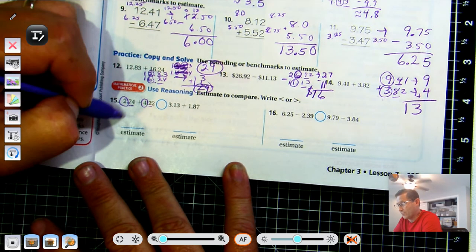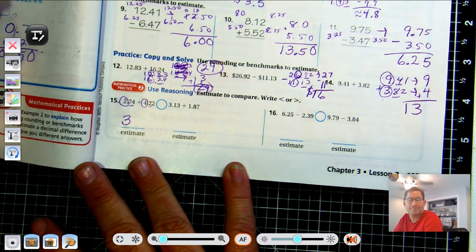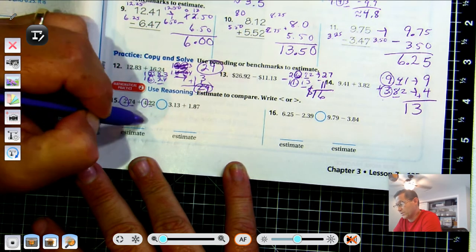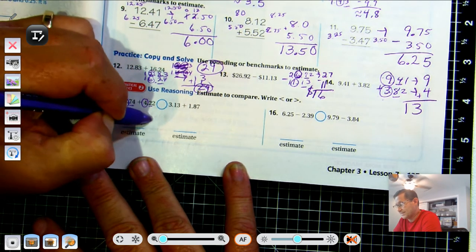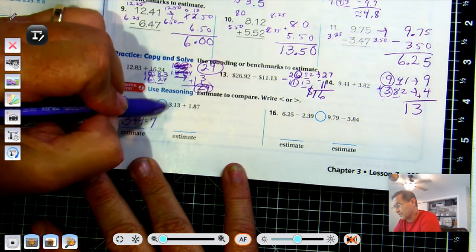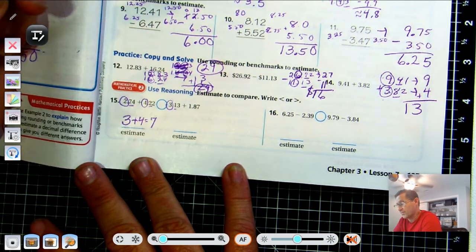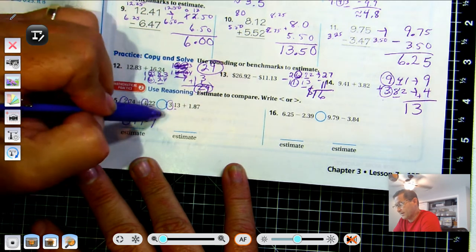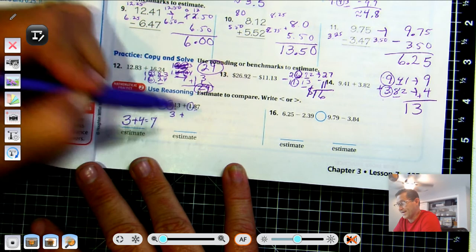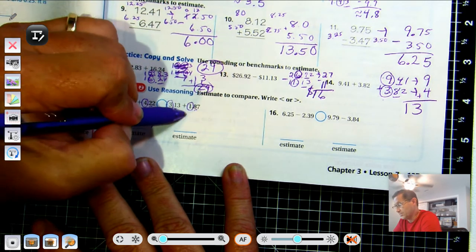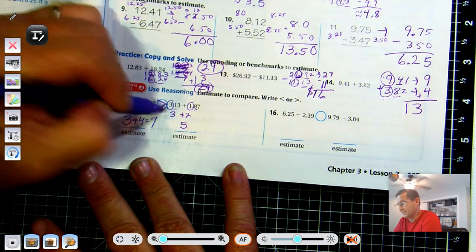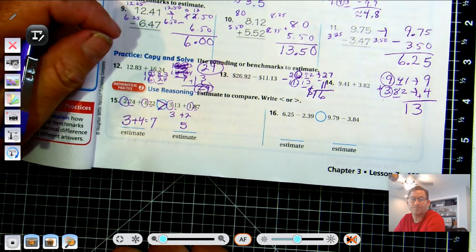So 2 and 74 is 3. 4 and 22 hundredths is 4, so that's 7. 3 and 13 hundredths gets rounded to 3. 1 and 87 hundredths gets rounded to 2. So 7 compared to 5. 7 is greater than 5.